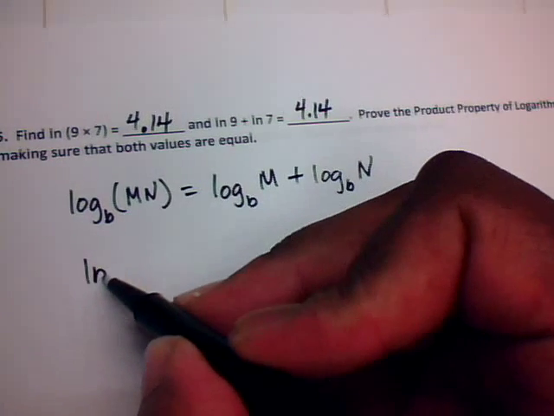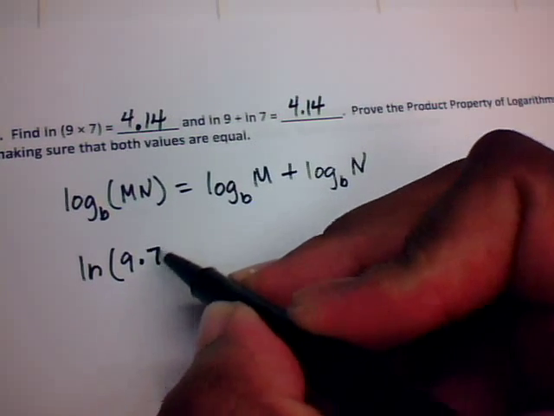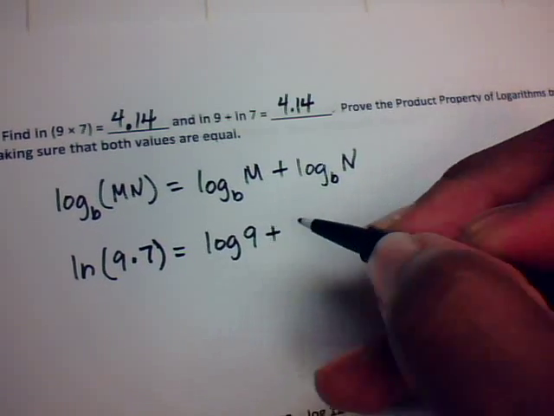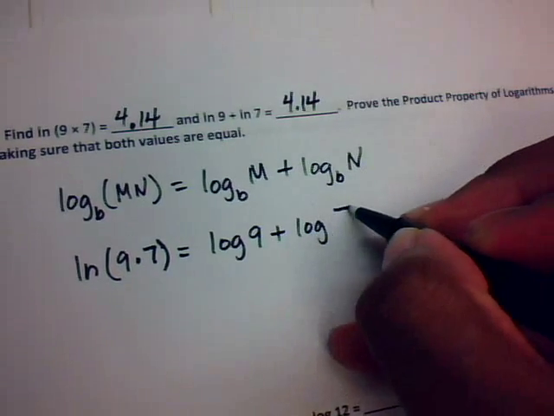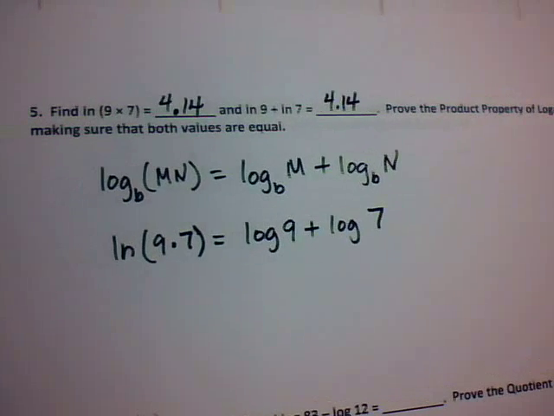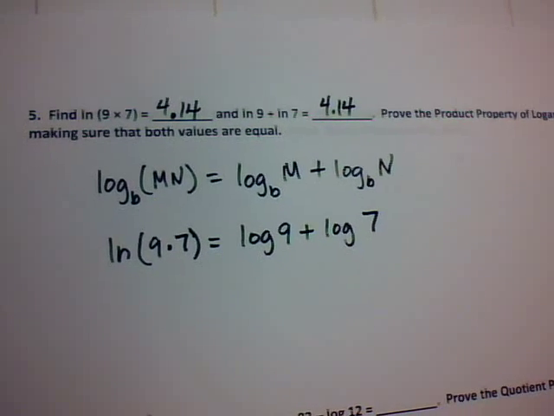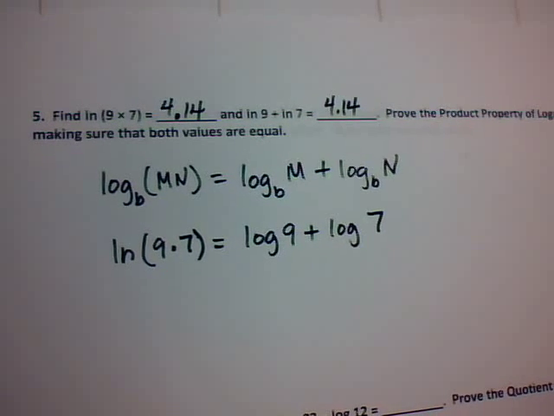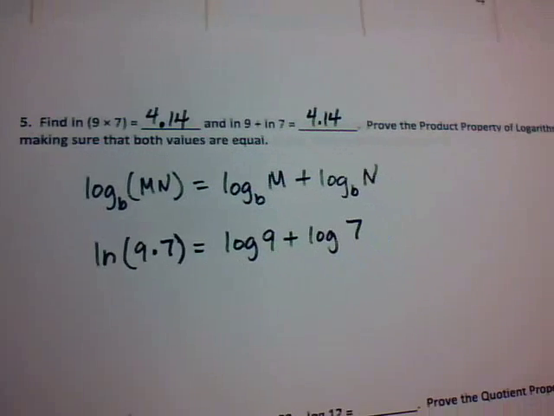So here, ln of 9 times 7 does give you the ln of 9 plus the ln of 7. So the log of the product is equivalent to the sum of the individual logarithms.